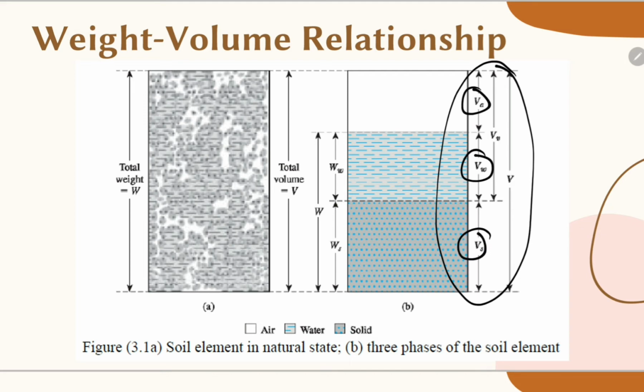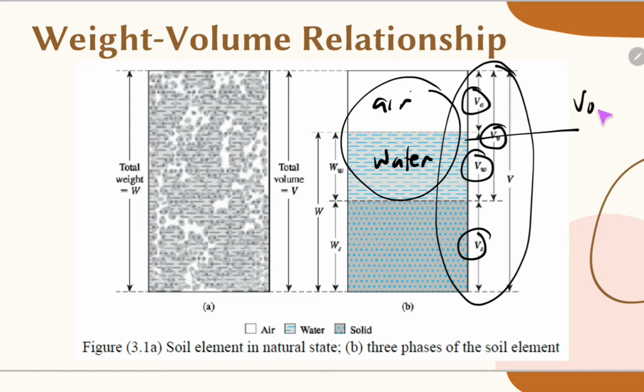Take note that we call air and water as your voids. Volume of voids. Later on, i-define natin kung ano yung mga ibig sabihin ng mga variables na yan. So, air and water comprise your voids. Sila kasi yung nag-fill sa empty spaces between the soil particles. Kasi, di ba, soil particles are of irregular shape.